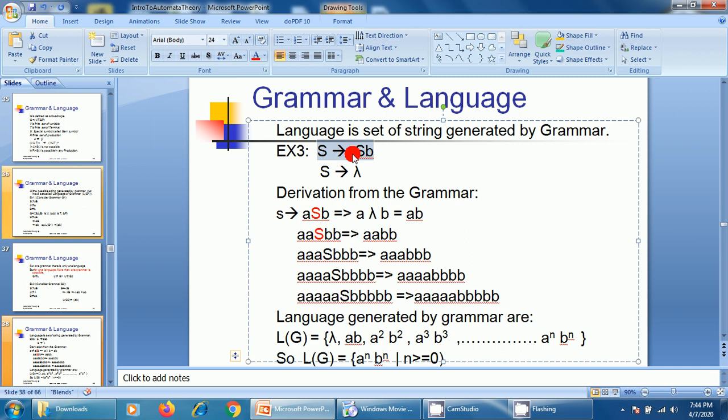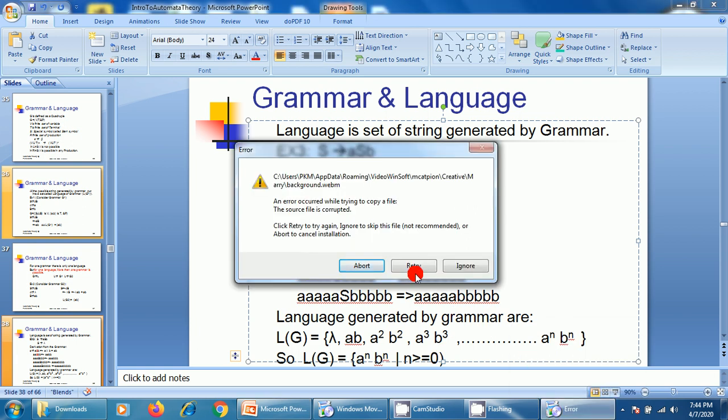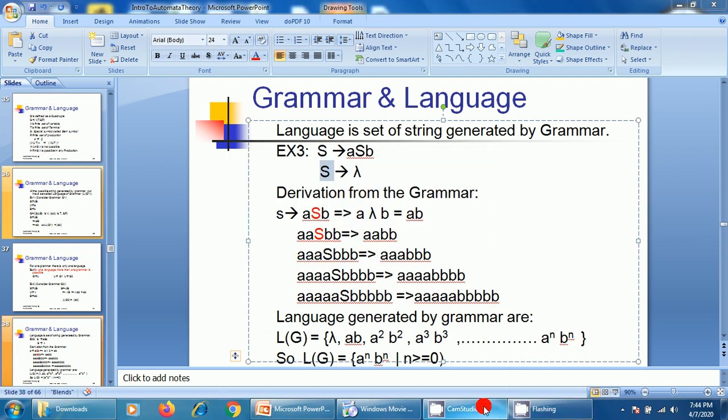S tends to aSb. Now we can put lambda in place of capital S. Definitely we can put. So we put lambda in place of capital S. So it is a lambda b. We know that a concatenate lambda concatenate b equals ab.